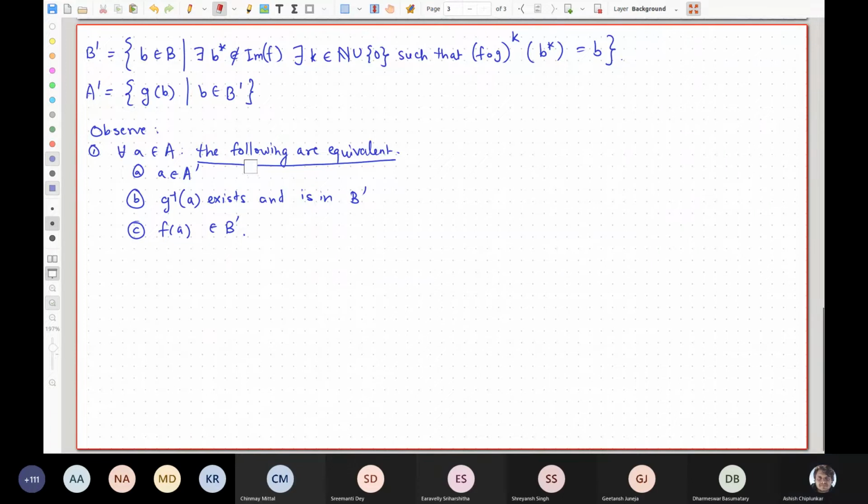So what is the proof of A part implies B part? This follows from the definition.